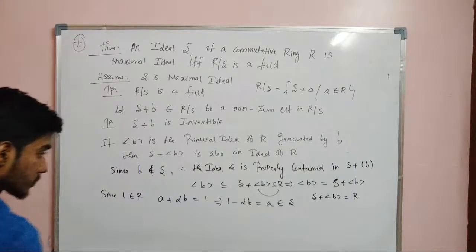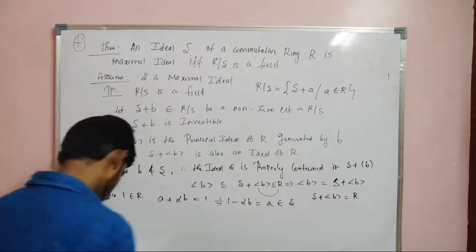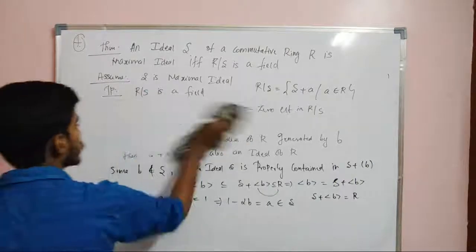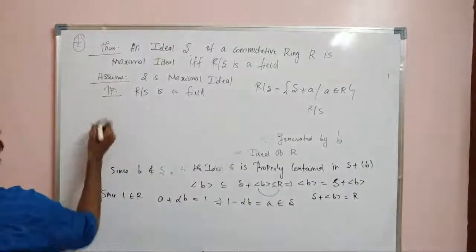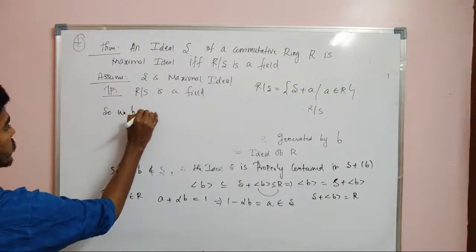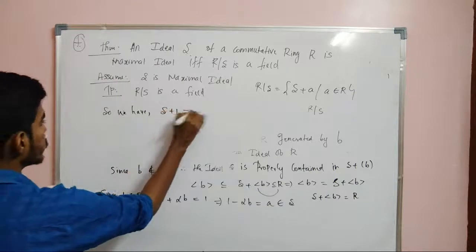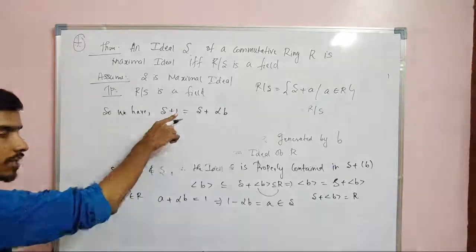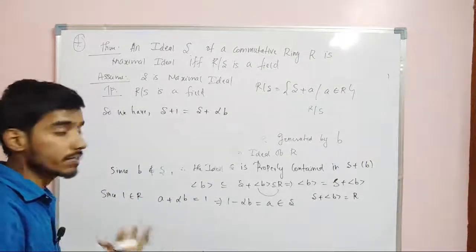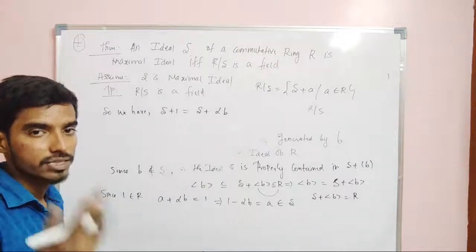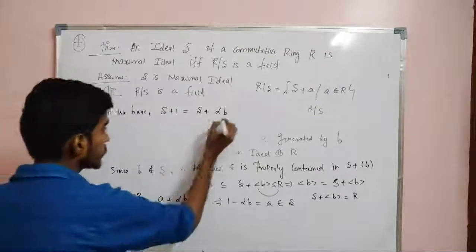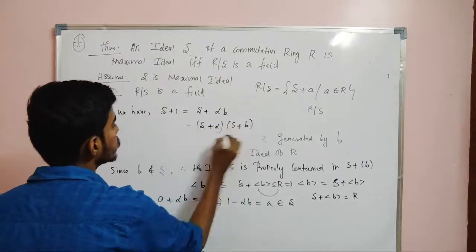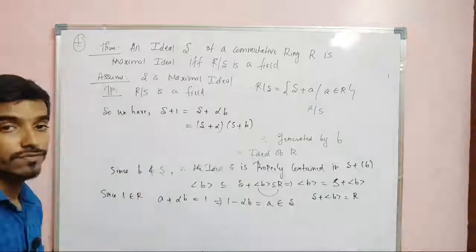So consequently, we have S plus 1 is the same as S plus alpha B, because the ideal generated by 1 is equal to the entire ring R. I can write this as S plus alpha into S plus B, by the operation that we defined in the very beginning of the video.